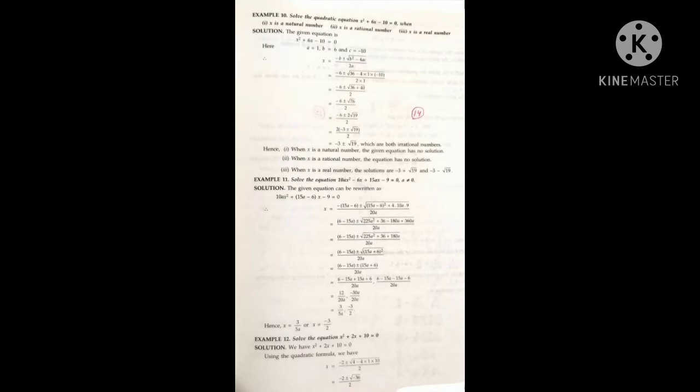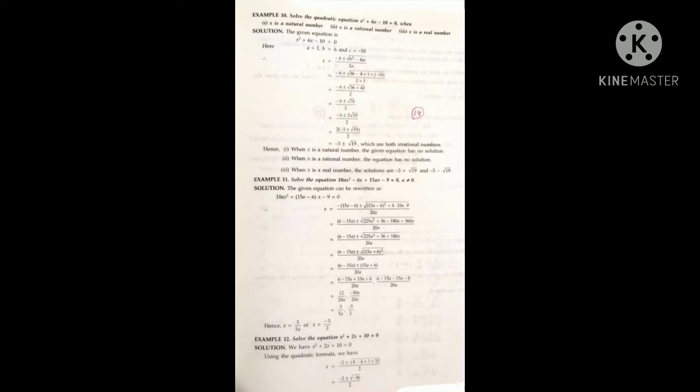Now we have to write the equation again because the term containing x, we have two terms over here. So we will set them accordingly. How? We will write the given equation again as 10ax square plus 15a minus 6 into x minus 9 is equal to 0.